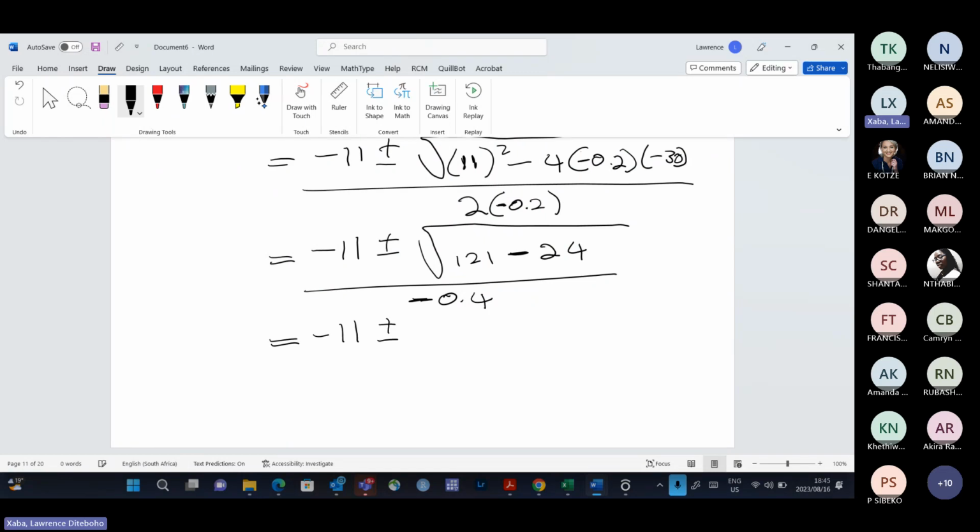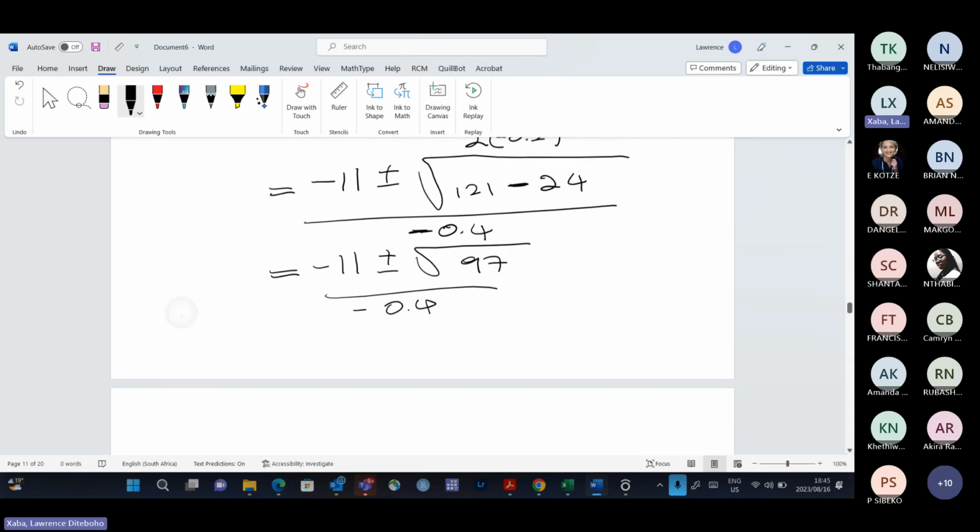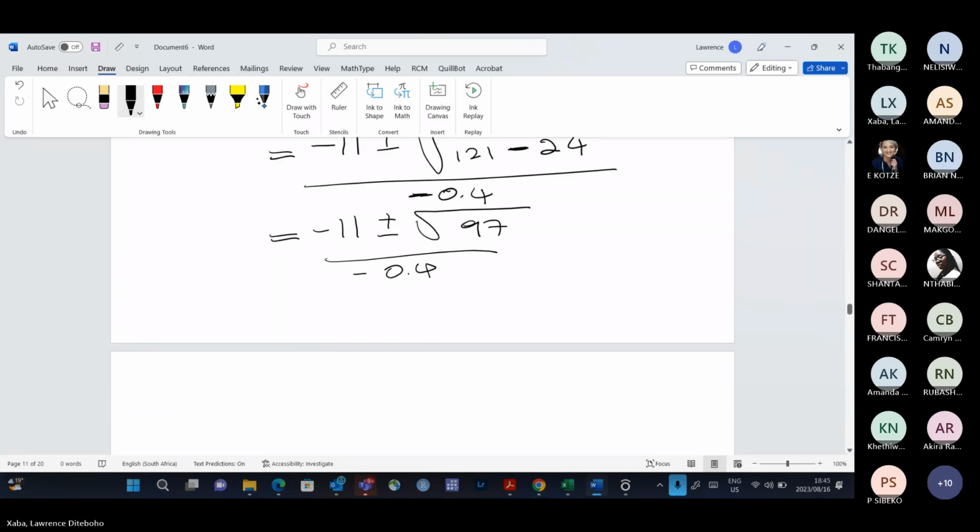Let's leave 11 for now and try to simplify what we have. 121 minus 24, we have 97. Divide by negative 0.4. So it means now we are going to have negative 11, let's say minus, it's up to you. You can start with minus or positive, it's up to you.